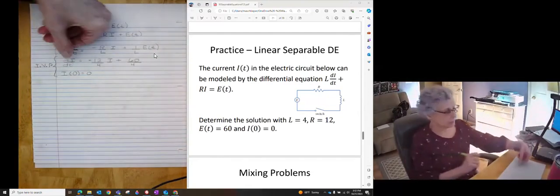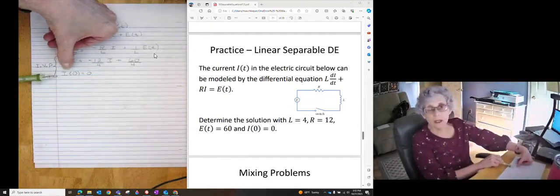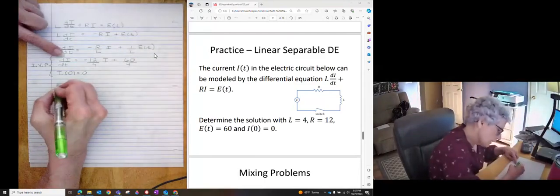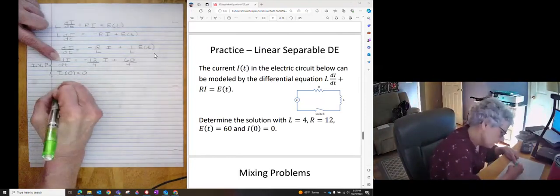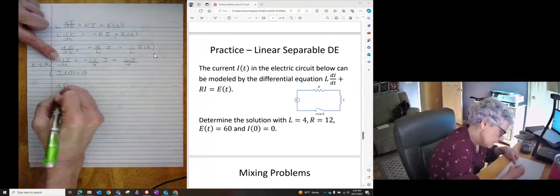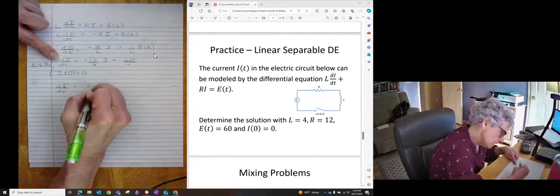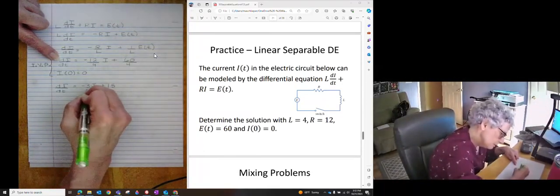Remember, initial value problems consist of a differential equation and a condition. I've got all that. So let's simplify it a little bit first. di dt is equal to negative 3I plus 15.